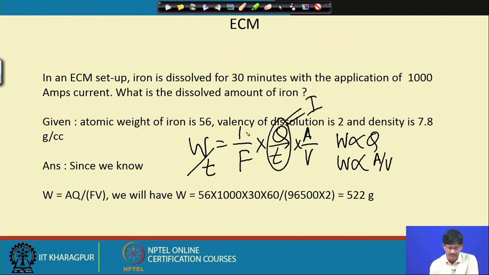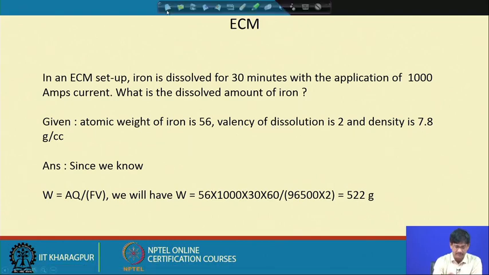MRR is equal to 1 by F into I into A by V. It is not so complex here, it is even simpler than that.